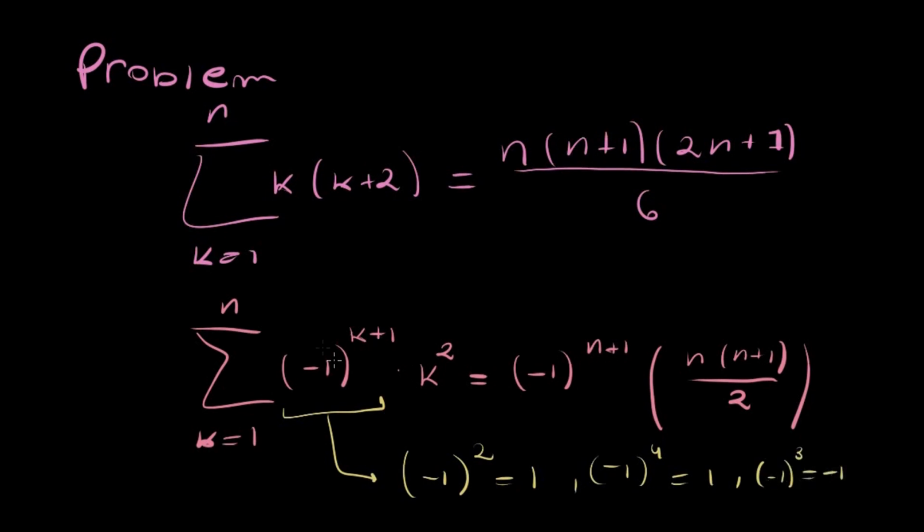So this will give you 1 and minus 1 depending on if the power is even or odd. And as k is moving, for k equals 1 we have 1 plus 1, 2, so the first term of this sum will be positive. The following will be negative because we will have 2 plus 1 is 3. Try and solve this, and I will see you in the next video.